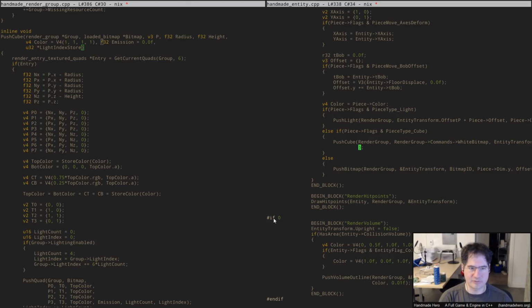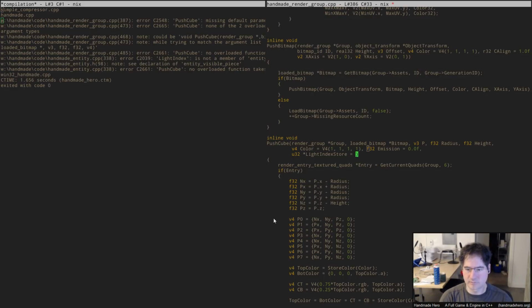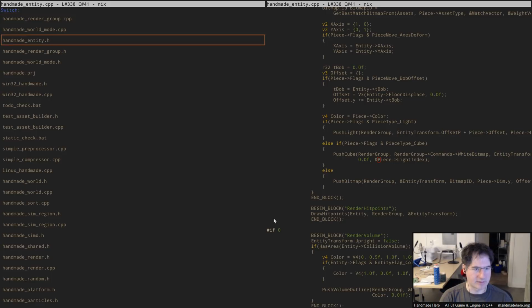The push cube's emission value in this case is nothing. But the light index store is something, right? So we would say, oh yeah, we're looking at the light index store piece light index, so we can send that down. Oops. Thought I added that.